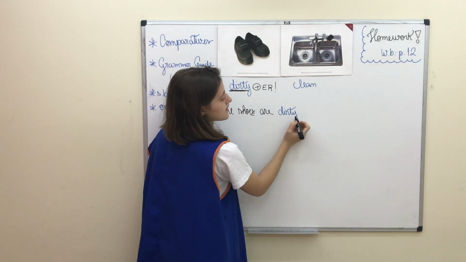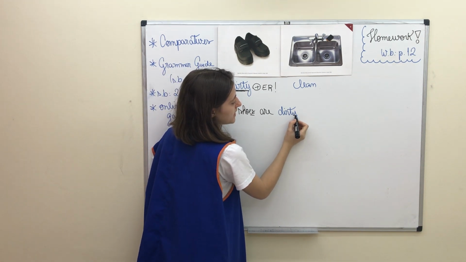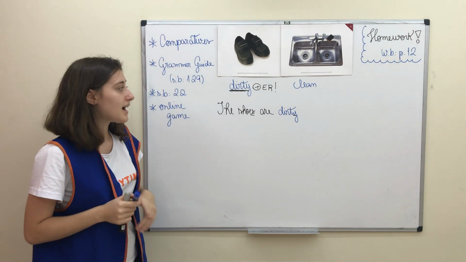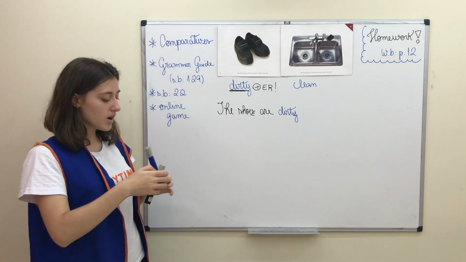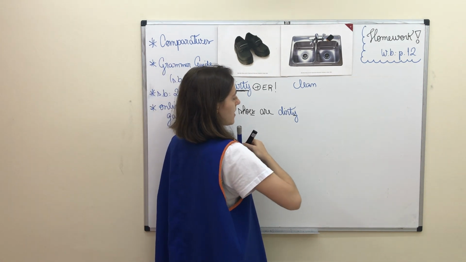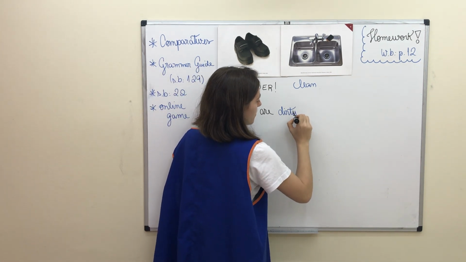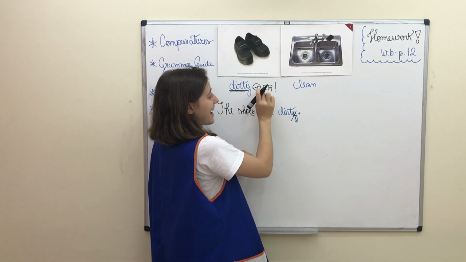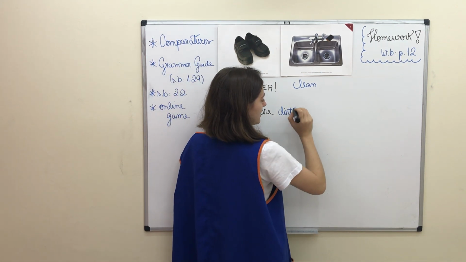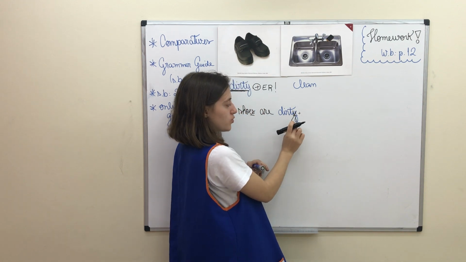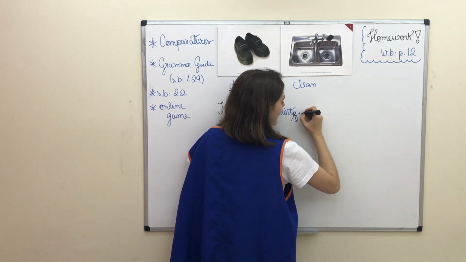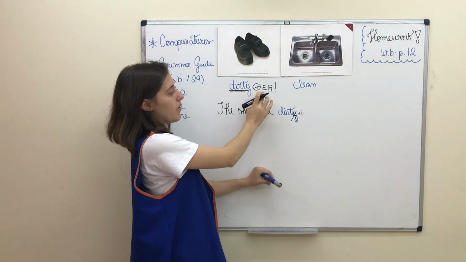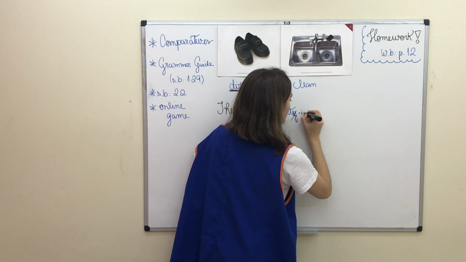Essa word ends in Y. Se a word terminar em Y, we are going to take the Y off. So, no more Y. And we are going to add an I before ER. So, instead of Y, em vez do Y, a gente vai usar um I. And then, normal. ER, okay?